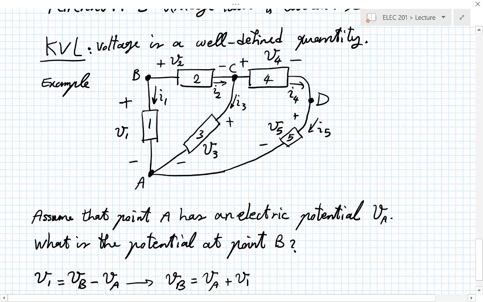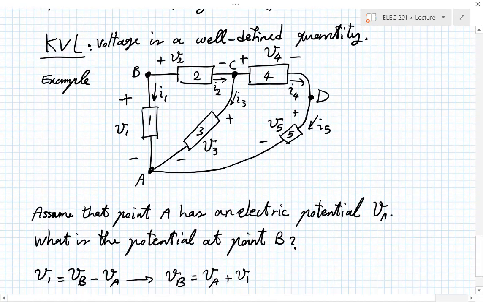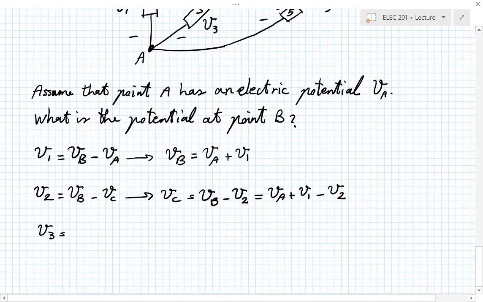Now, if I want to go through element number 3 to go back to point A, what's the relationship between VA and VC? Again, this V3 is just the difference between those two. The way I have indicated it, it is VC minus VA.